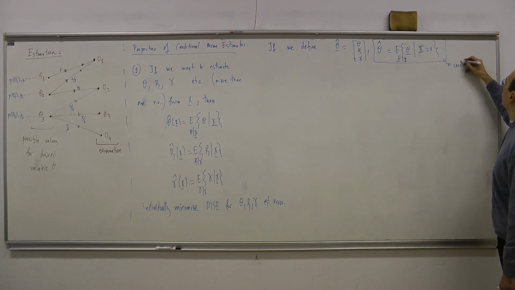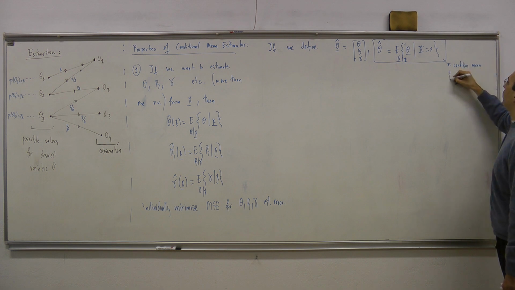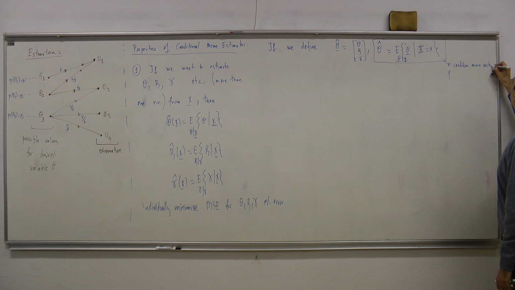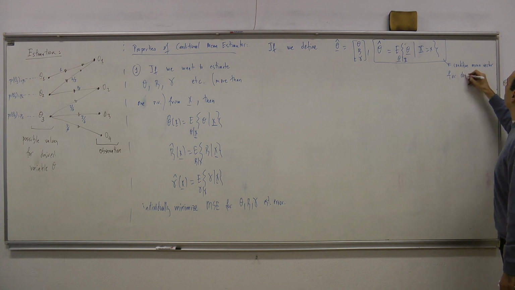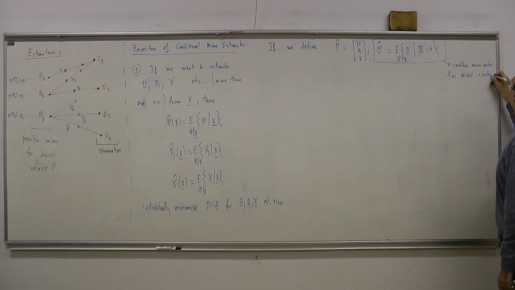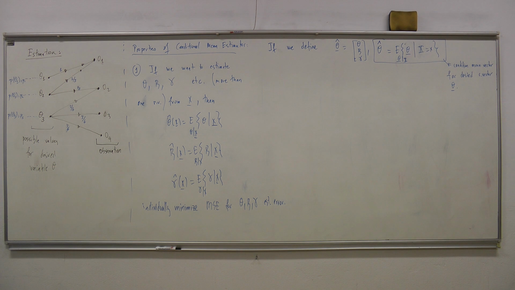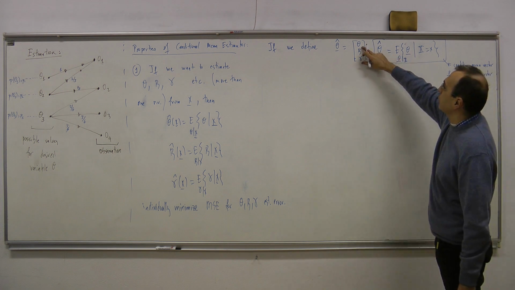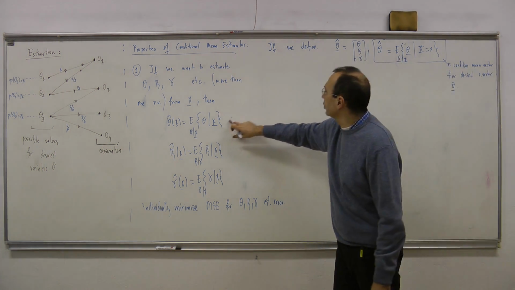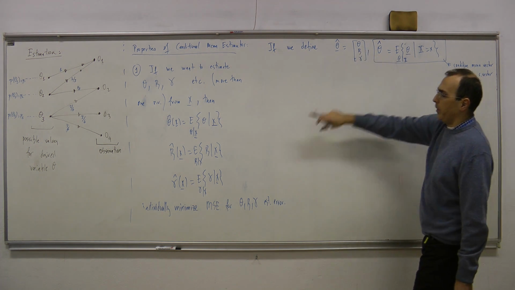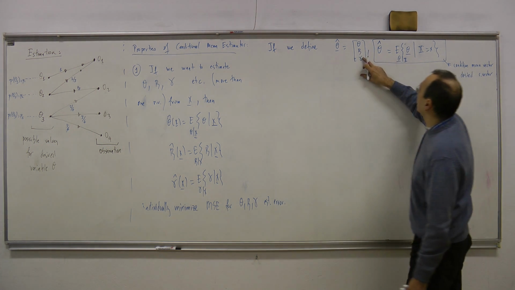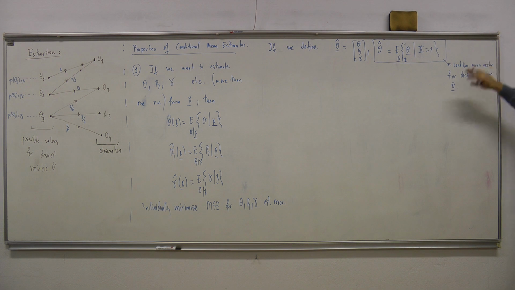So this is the conditional mean vector for the desired random vector theta. This time I'm calculating the conditional mean of theta, the conditional mean of beta, and the conditional mean of gamma, and concatenating them.